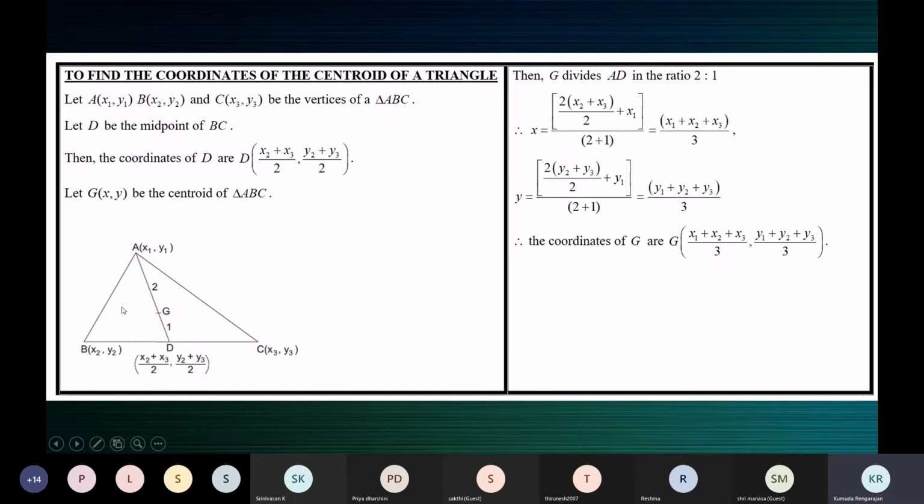The x coordinate of A, the x coordinate of B, and the x coordinate of C. y1 is the y coordinate of A, y2 is the y coordinate of B, and y3 is the y coordinate of C. So using the coordinates of the vertices of the triangle, you can find the x coordinate of G and the y coordinate of G.